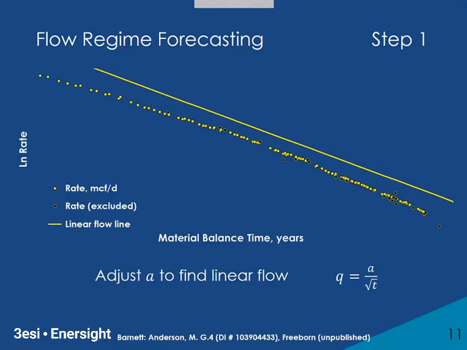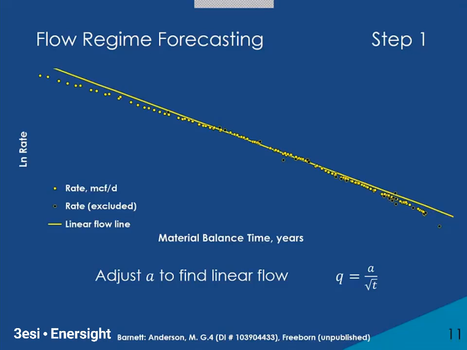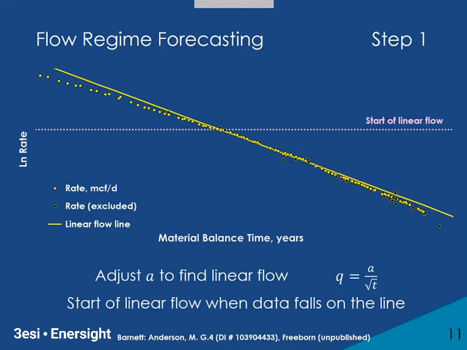And so that's what we do. We keep guessing until we line up with the linear flow data on our rate material balance time plot. And from that, we look for where the data deviates from the half slope in the early time. And that tells us where the start of linear flow is.